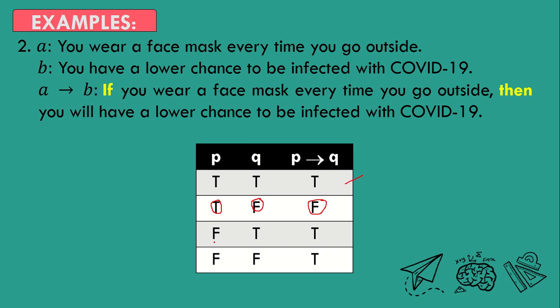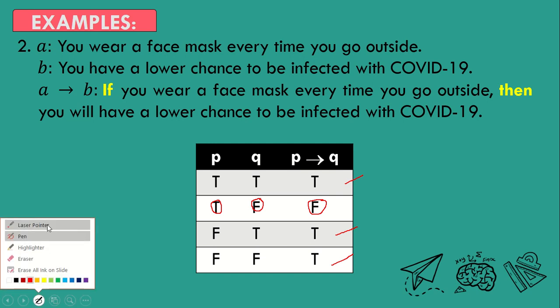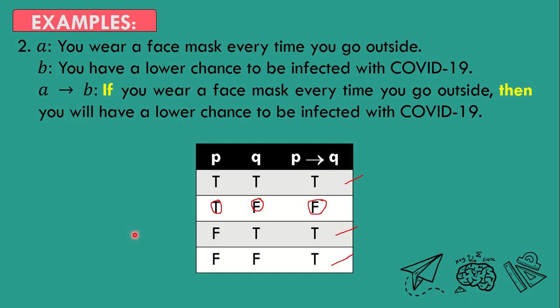When the premise is false and the conclusion is true, still true. And when the premise is false and the conclusion is false, still true. Again, there's only one case: when the premise is true and the conclusion is false, then it is false. So take note of that.